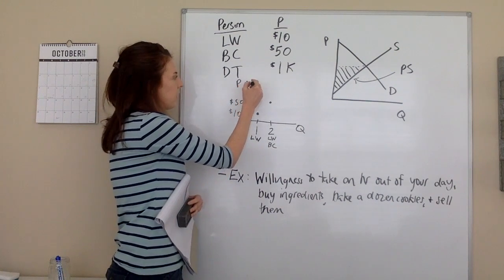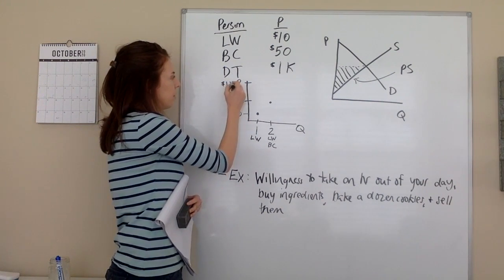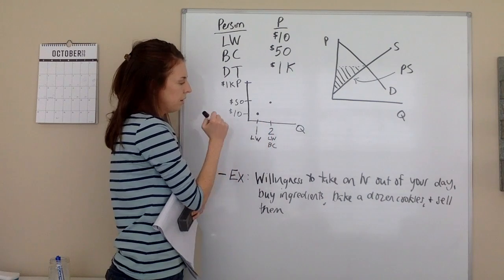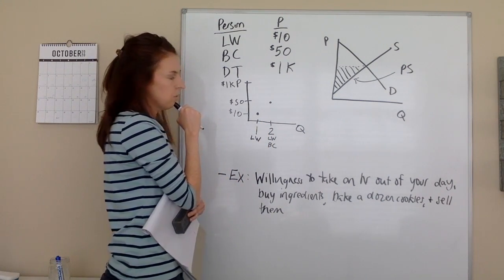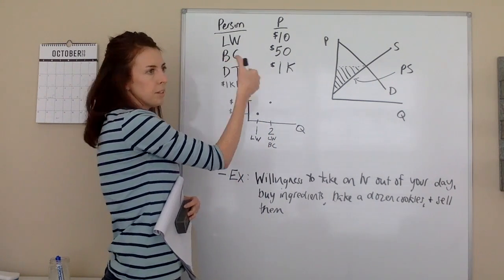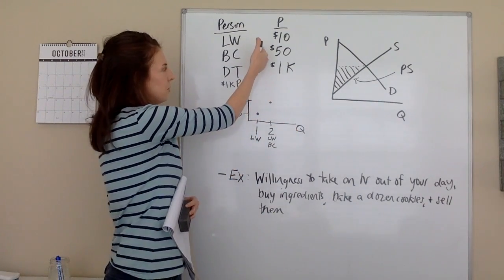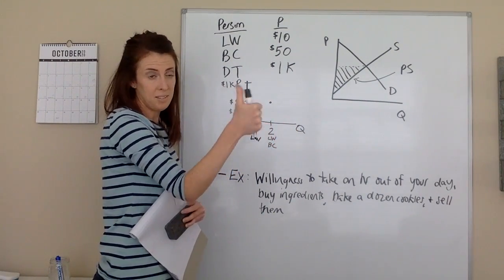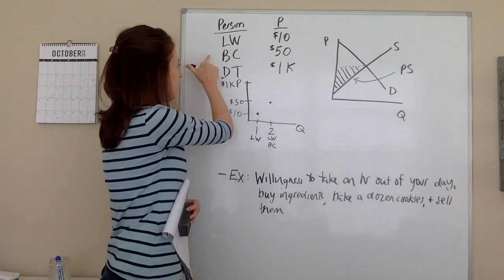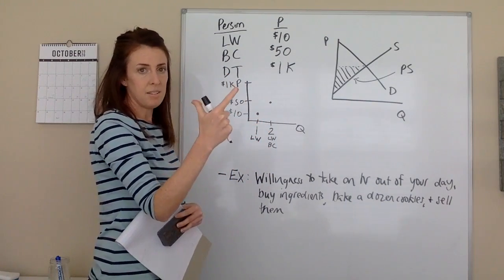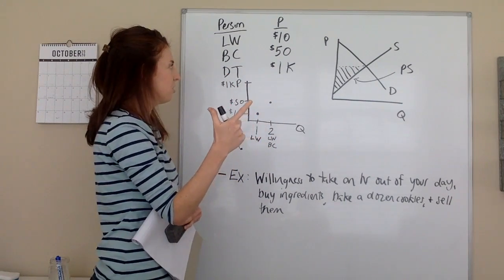Okay, this is not drawn to scale, but suppose we had a price point up here at $1,000. How many cookies would be offered for sale? I'm definitely going to contribute a dozen. I'm comfortable taking $10 for a dozen cookies, so if you give me $1,000, I'll go ahead and make the dozen. Similarly, Bob Caslin will go ahead and make the dozen. So we got 2 dozen cookies so far.